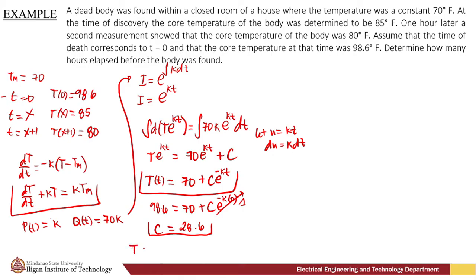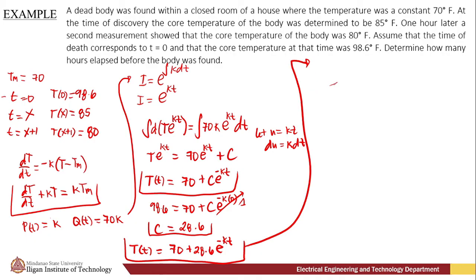So our solution T(t) is equal to 70 plus 28.6 e raised to negative kt. We're going to use this to find the value of x, which is the amount of time elapsed before the body was found.